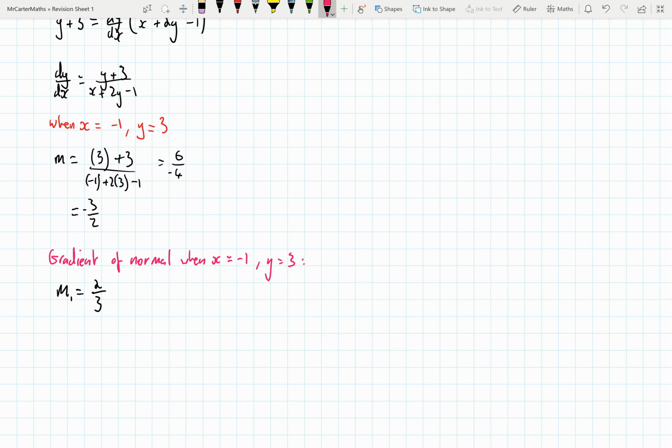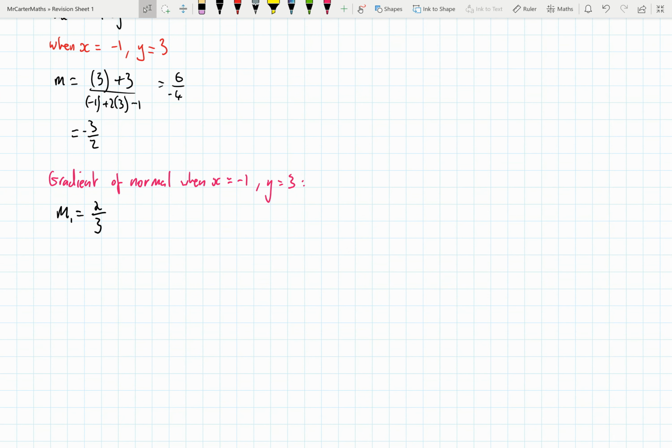If I have a gradient and I have a point, I can find the equation of my normal. So y minus y1.